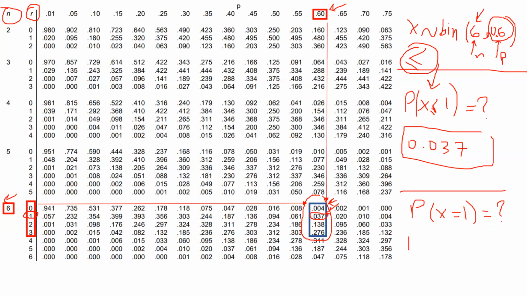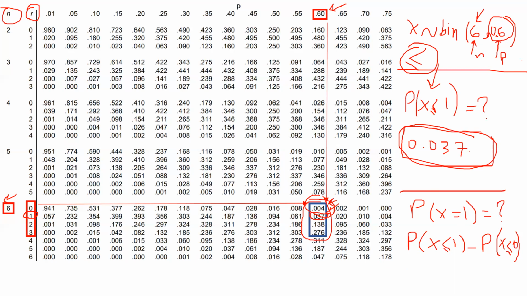So first change it to x less than or equal to 1, and subtract from it x less than or equal to 0. So by that you can calculate, then subtract it from 0.004, and you will find the final probability.